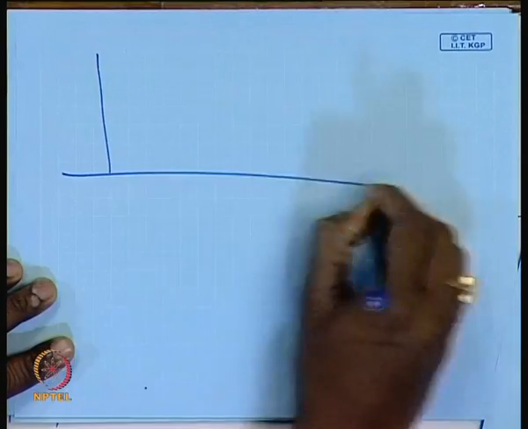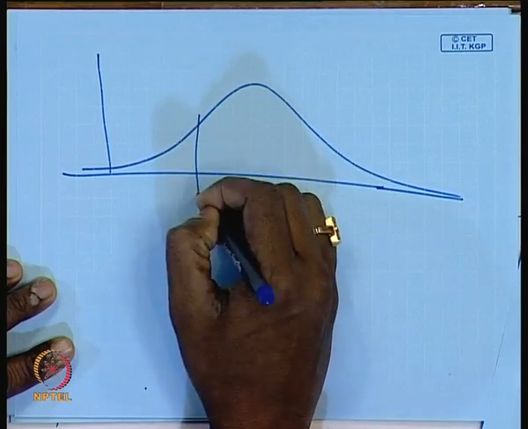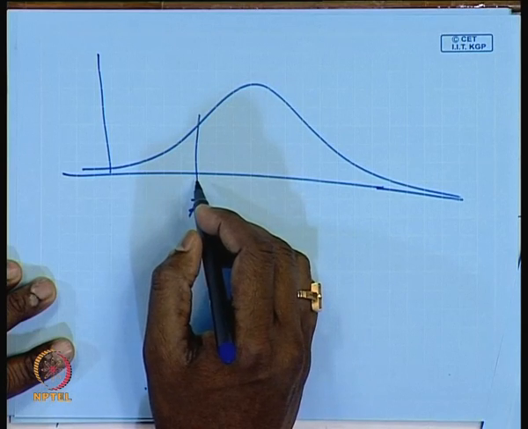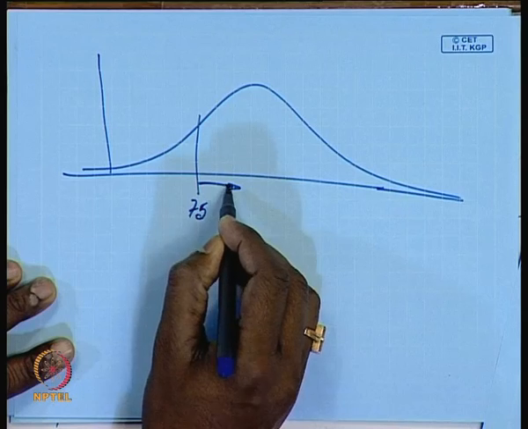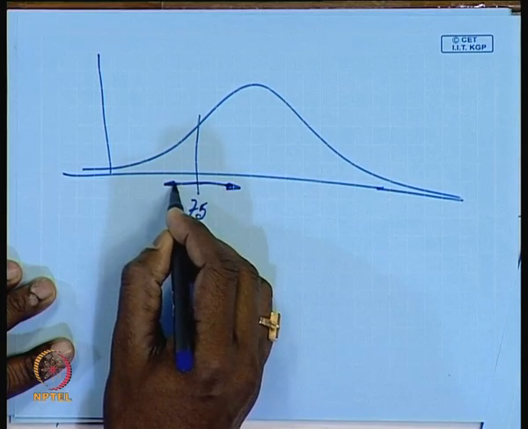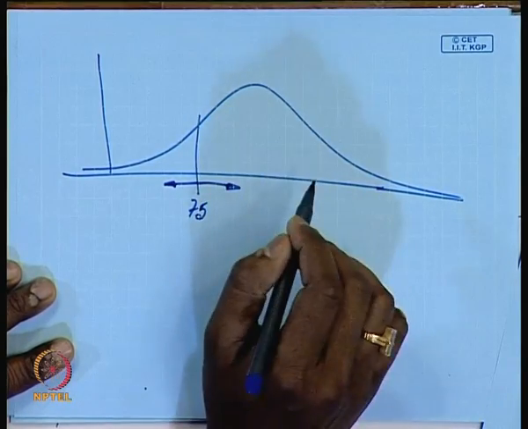normal curve. So what we are talking about here is that if this is the normal distribution and if this is the mark for 75, then the probability x greater than or equal to 75 plus probability x less than or equal to 75 is covering the entire area below this curve, which is 1.